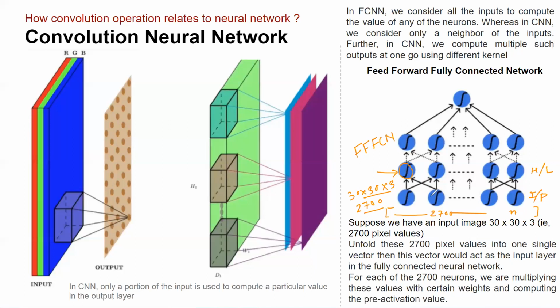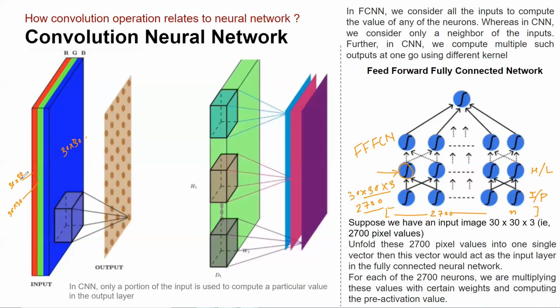Now, if I do the same thing using a CNN, this is my input layer. I have the same information here, but I'm stacking it in a different way. Instead of flattening, I consider a grid of 30 cross 30 corresponding to one channel. Similarly, I have another grid of 30 cross 30 and another grid of 30 cross 30 for the red channel.